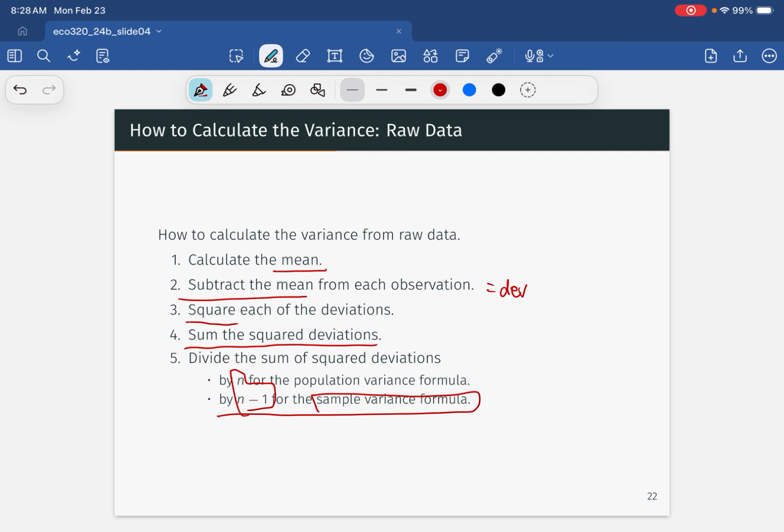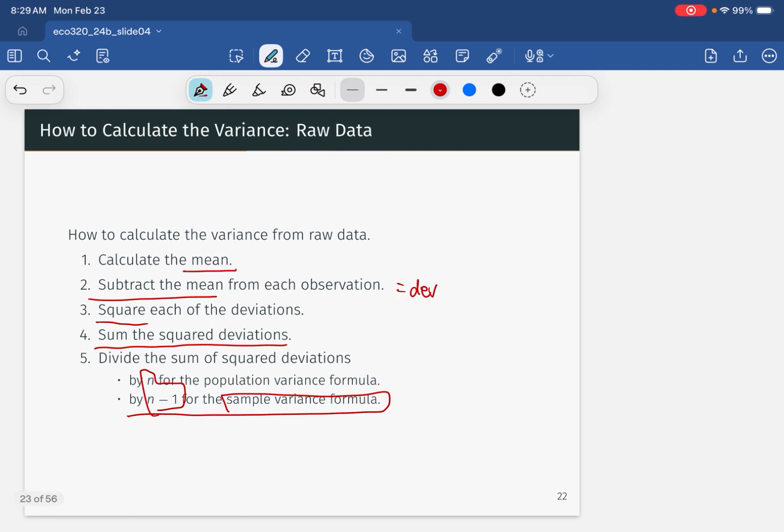So when you have to use just one of them, I suggest using the sample variance formula. Also, if you ask me what you have to use for the quiz or for the exam, the answer is I will specify whether you use sample variance or population variance. So don't worry too much about quiz or exam.